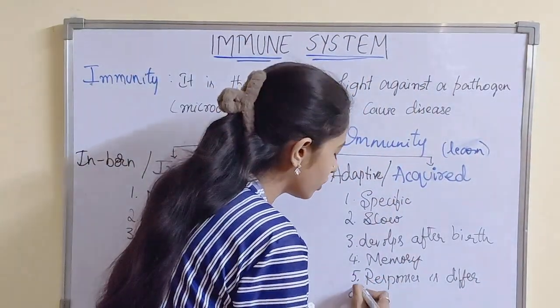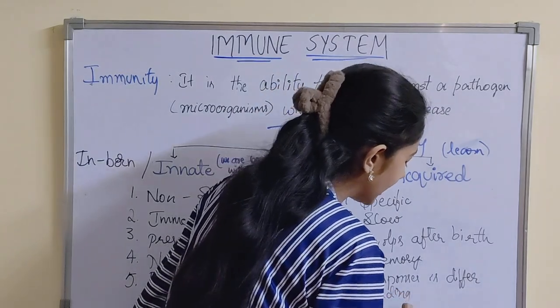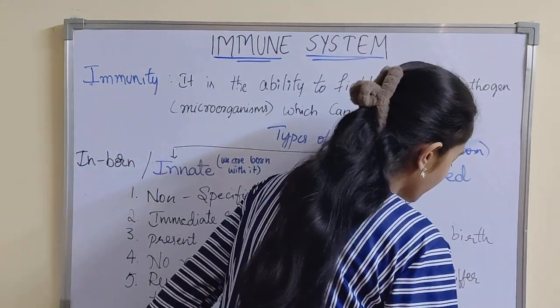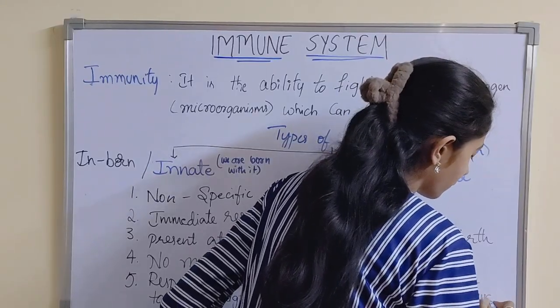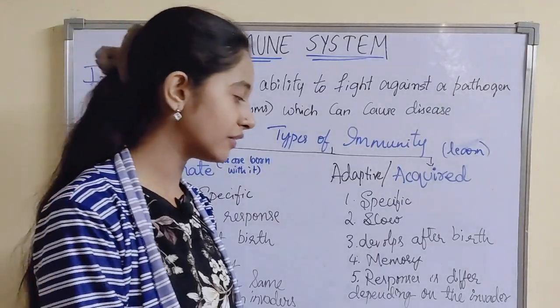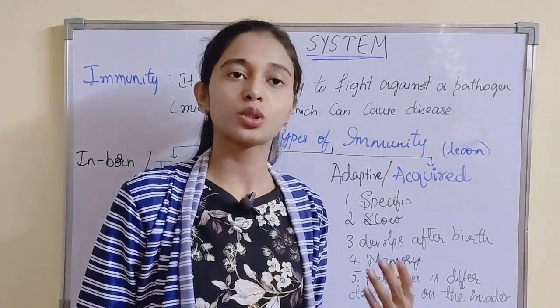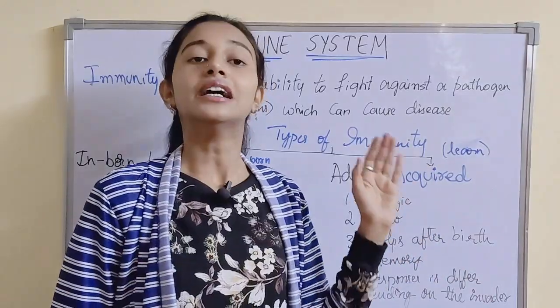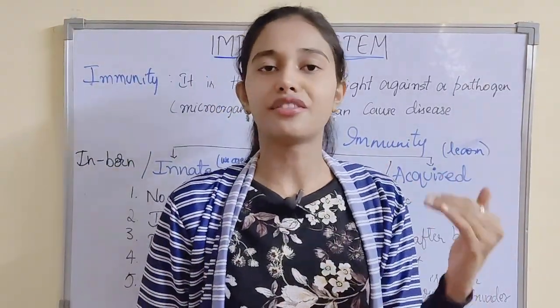Okay, जैसे ही invader होगा उसके अकॉर्डिंग हमारी जो एक्वायर्ड इम्यूनिटी है वो हमें respond करेगी. The response differs depending on the invader. बैक्टीरिया होगा तो इसके लिए response अलग होगा, वायरस होगा तो अलग होगा. For every specific pathogen, this adaptive immunity will respond in a different way.